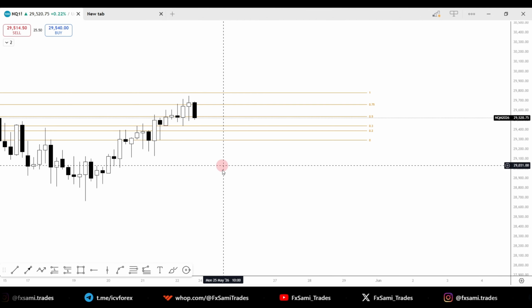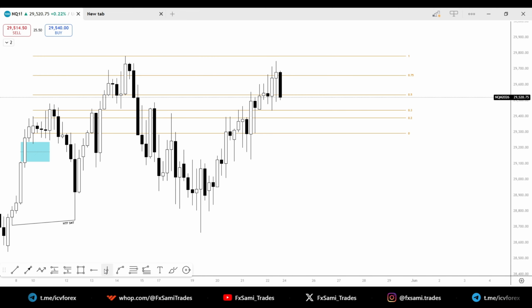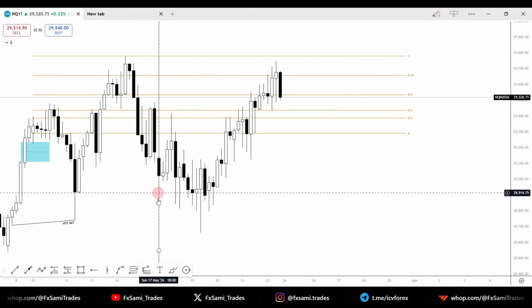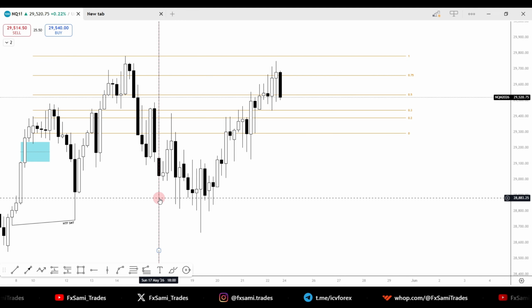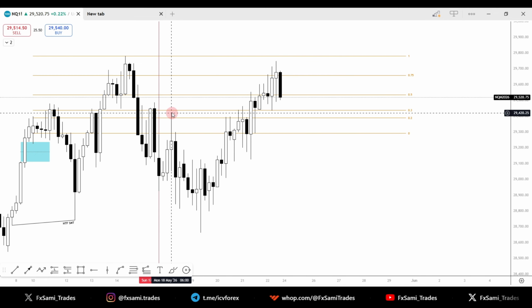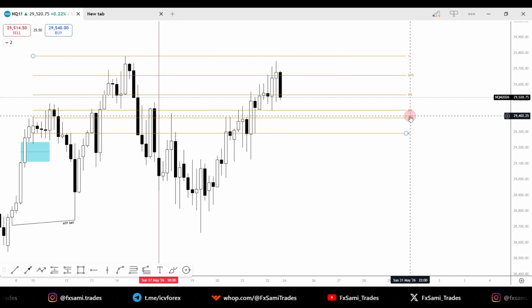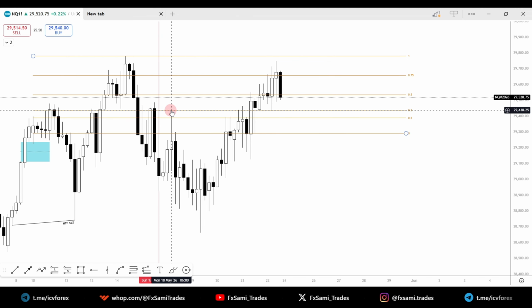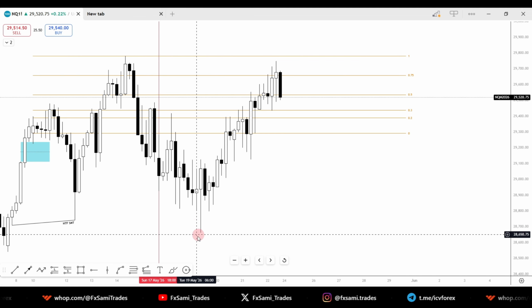So taking you to the 4-hour chart, where did the week open? It opened right here. So you see this red line? What happened as soon as market opened? Price came up, retraced into what? The 20%, and failed to touch the 30%, and continued lower.